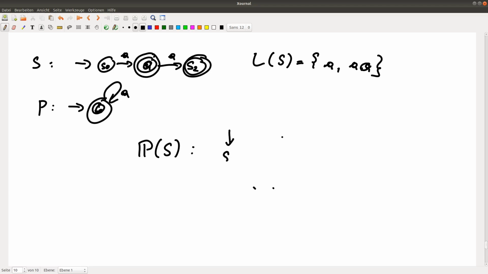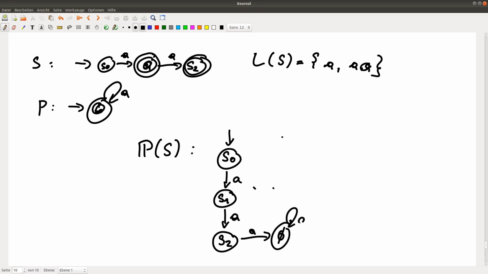How do we do this? We have S0, and then with an A we go to S1, and then with an A we go to S2, and with another A we go to the empty state where we stay forever. Okay, and final states. Okay, now I made a mistake.